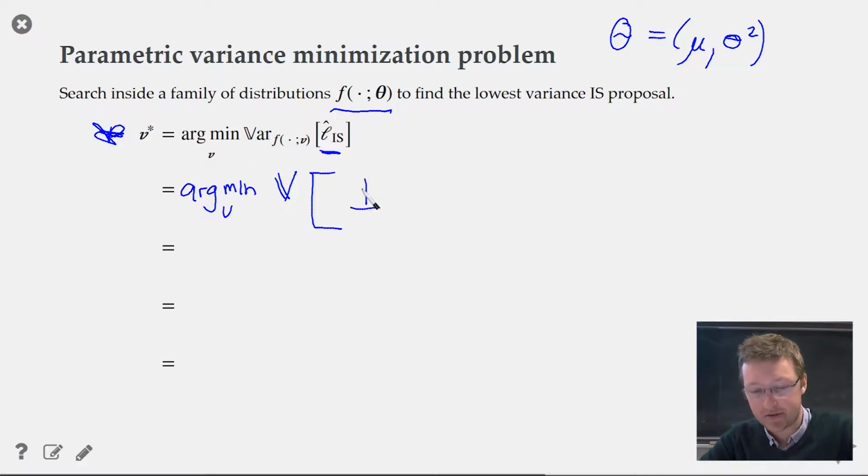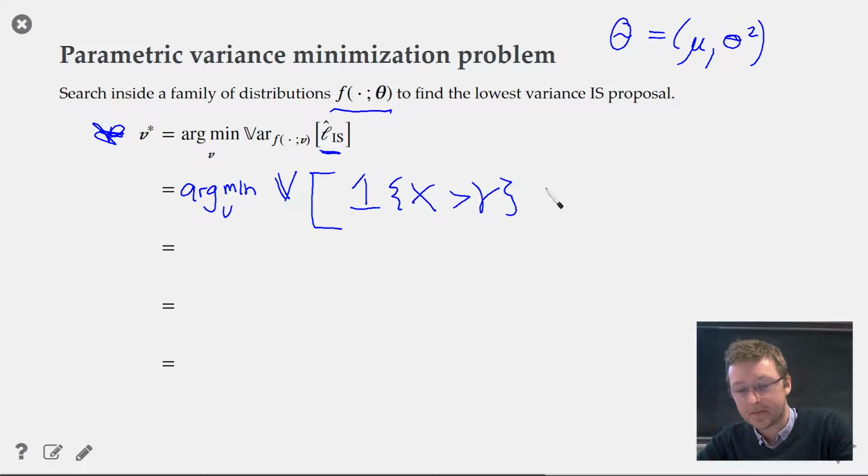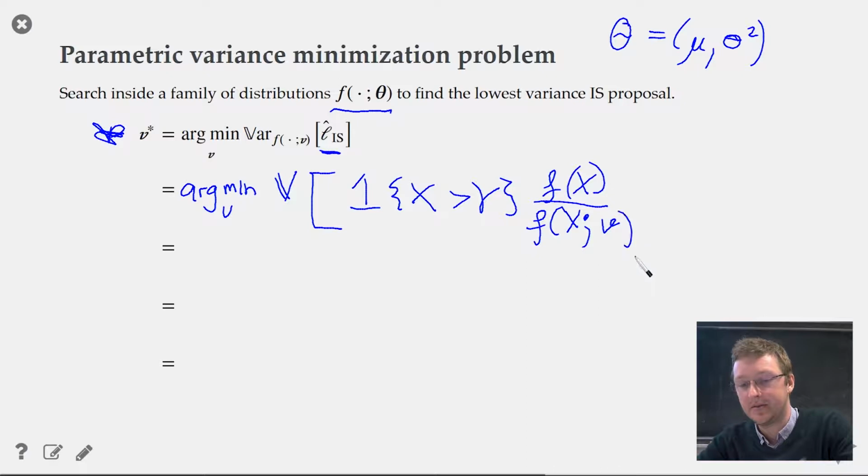So the variance of the indicator x is greater than gamma, and then the likelihood ratio, the original density f evaluated at the point x, divided by the new density here, f of x with the parameter v. So I'll try to keep f of v written here as well.